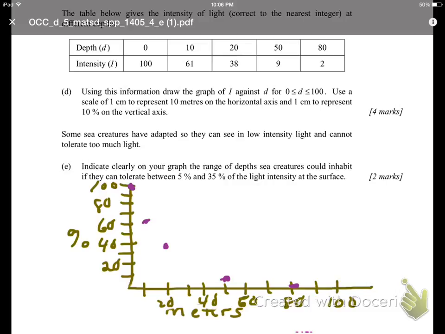In purple I drew the dots, and notice what I have here is a decay function, and I know I have a decay function because my exponent is negative.